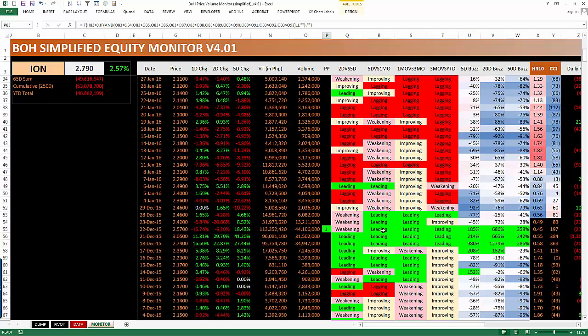Mas maganda pa nga na umakyat yung stock, tapos nagko-consolidate siya sideways, magkaroon ka ng down day, tapos mag-print ng capitulation volume. Kasi doon sa mga instances na yon, nagkaroon ka ng pasahan ng kamay at the highs, and that could potentially mean na nagsi-set up siya na umakyat pa ulit.